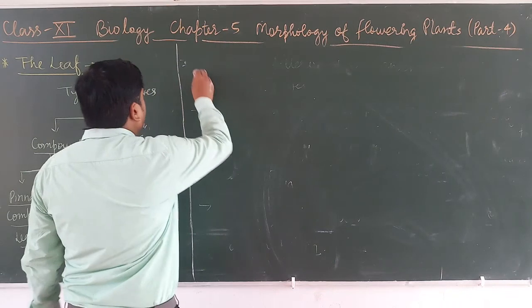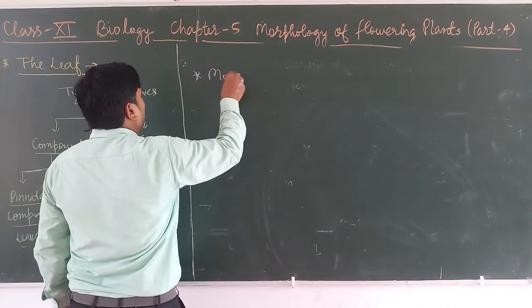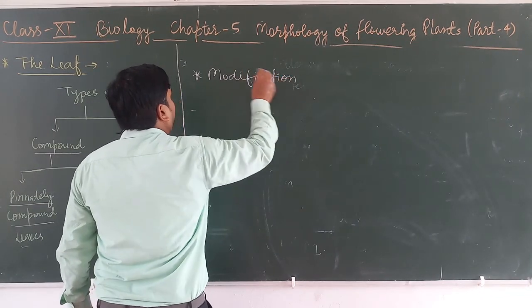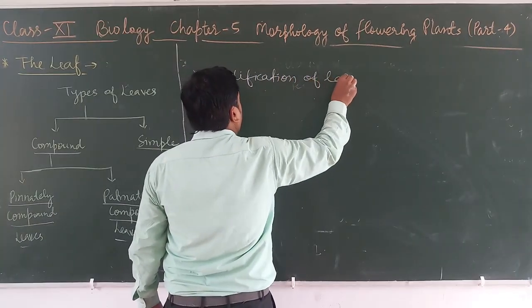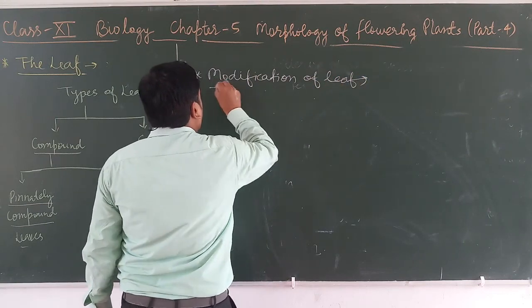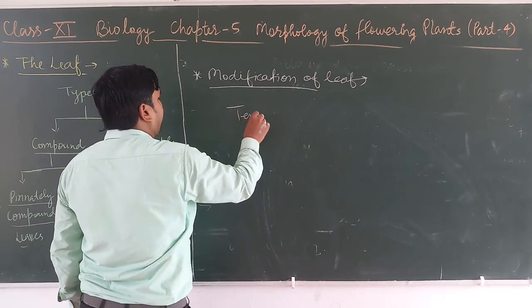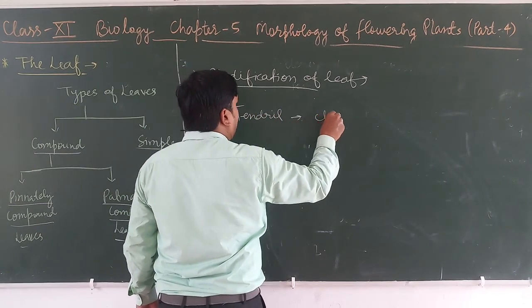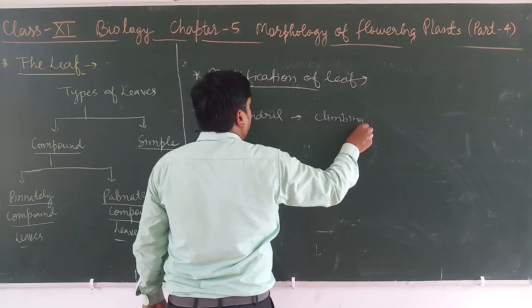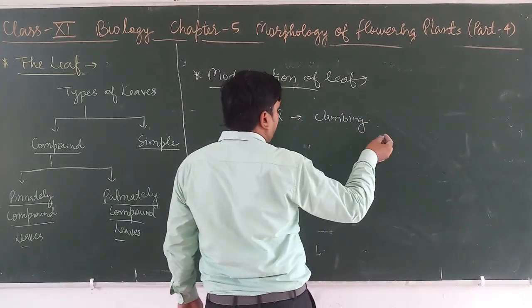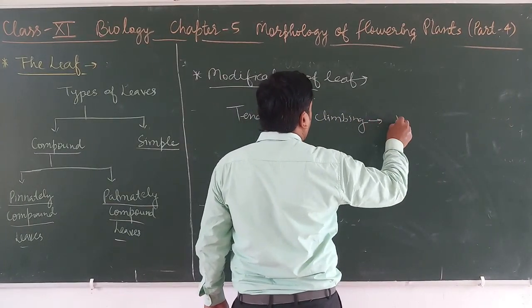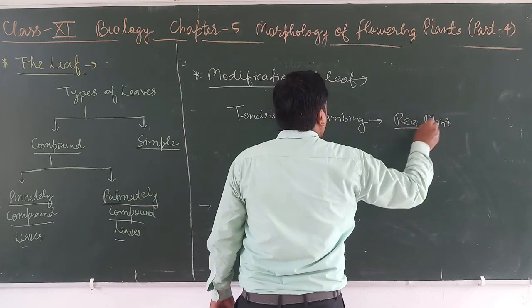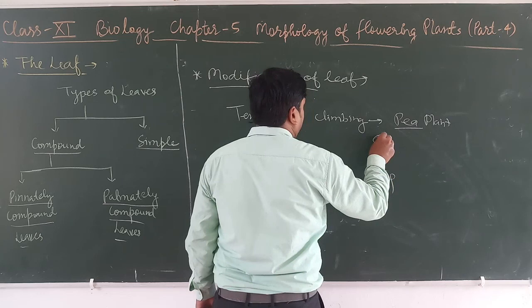In the modification of leaves, they have tendrils that help in climbing of trees. Another part, their development is seen in the pea plant. This is tendril, just like this one.